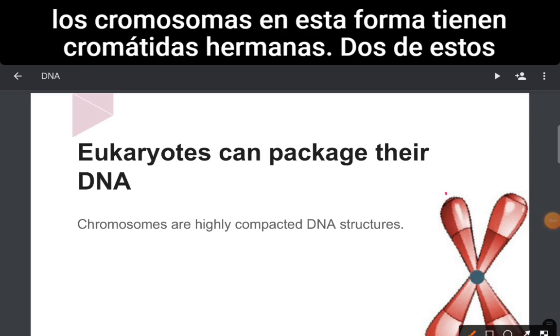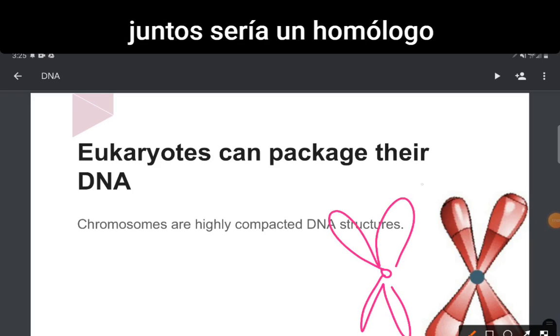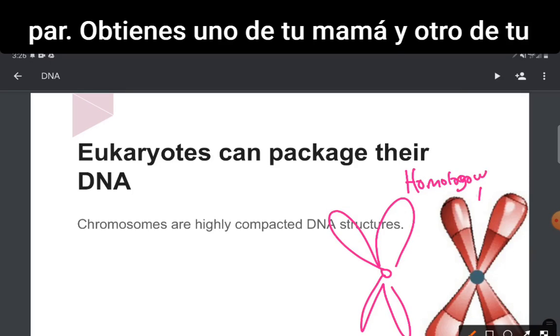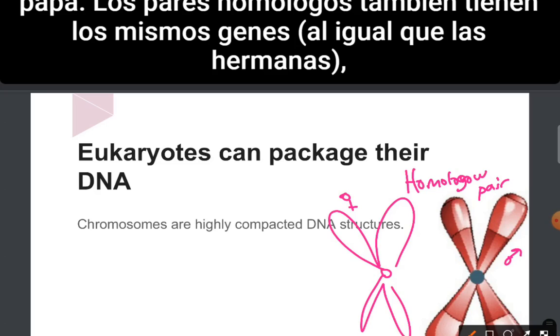Chromosomes in this shape have sister chromatids. Two of these together would be a homologous pair. You get one from your mom, and you get one from your dad.